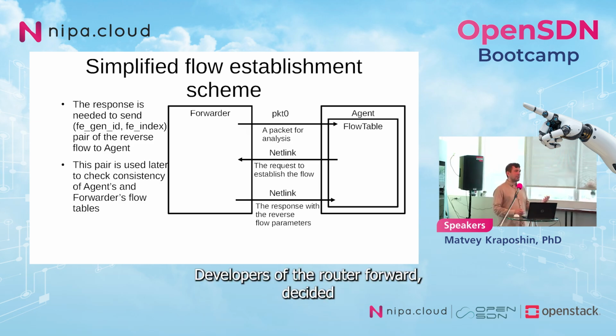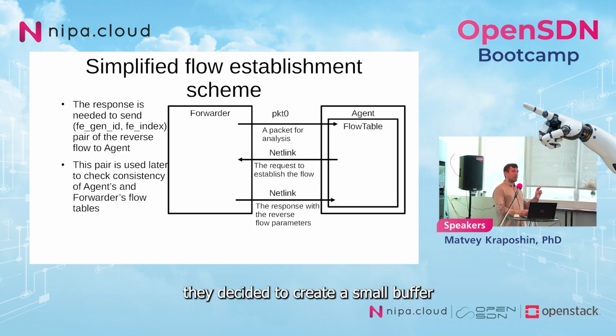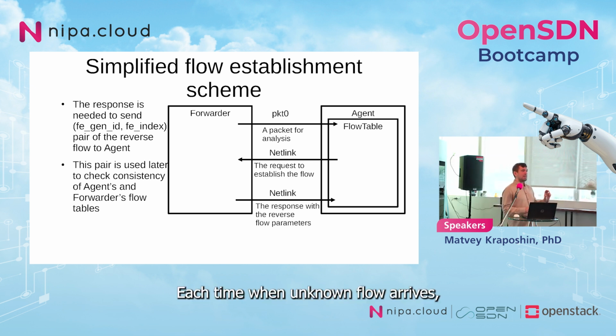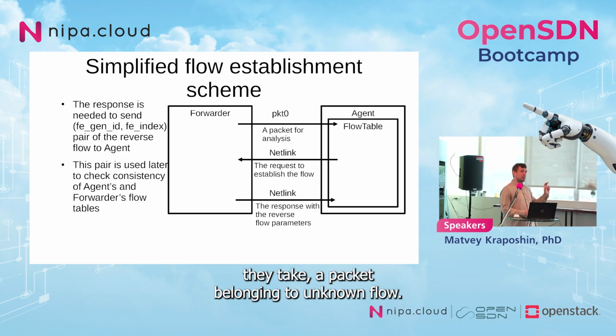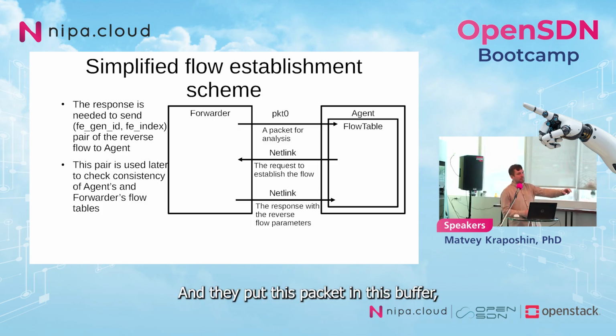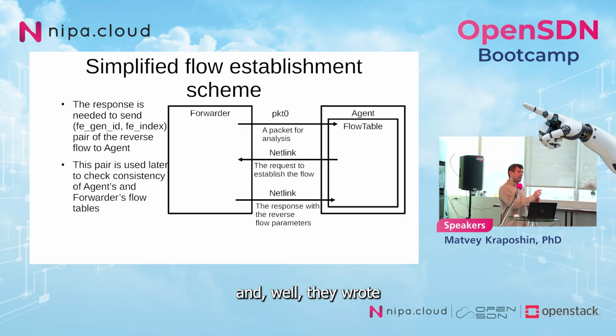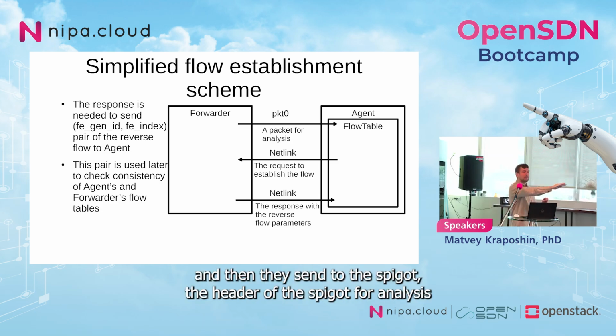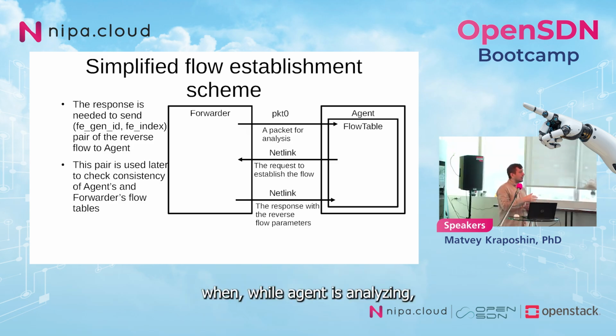What did the developers of vRouter forwarder decide? They decided to create a small buffer associated with each flow. Each time an unknown flow arrives, they take a packet belonging to the unknown flow and put this packet in this buffer. Then they send the header of this packet for analysis. While the agent is analyzing this packet, its copy is stored inside the buffer.